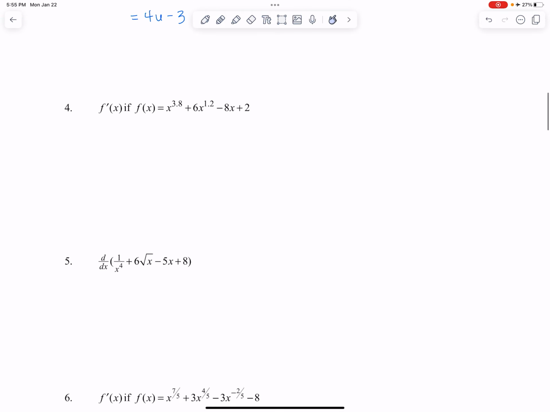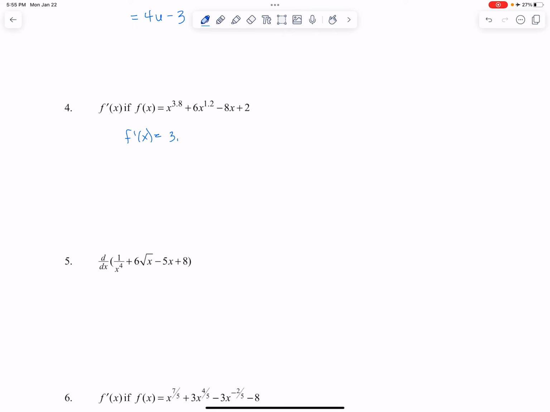All right, number 4. Find f prime if f of x equals x to the 3.8 plus 6x to the 1.2 minus 8x plus 2. So we're finding f prime.